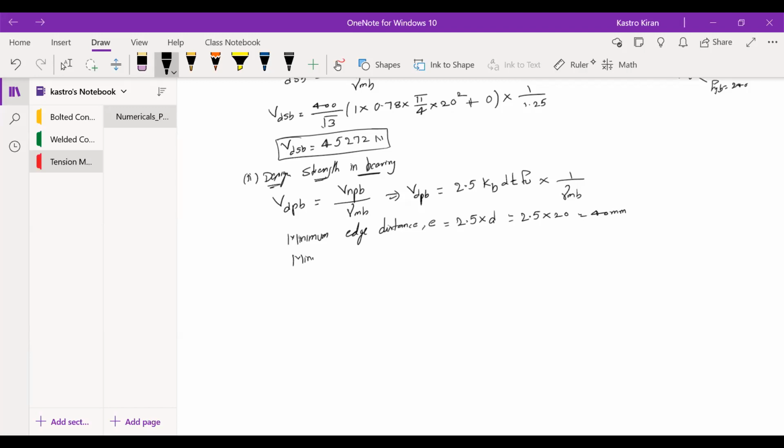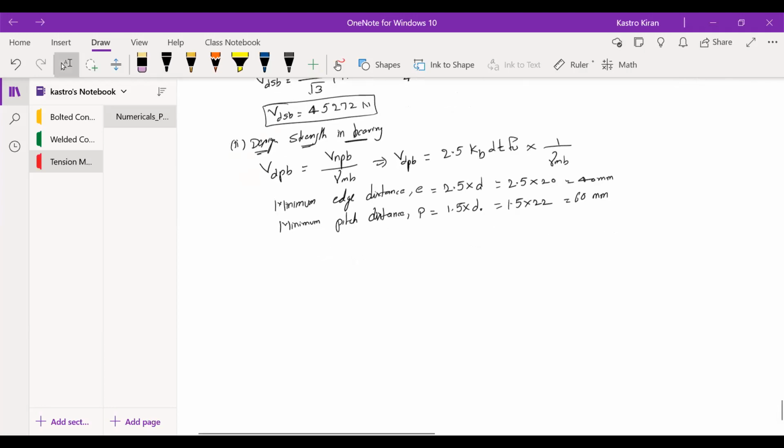And minimum pitch distance, P, equals 1.5 into D naught. That will be 1.5 times 22, which approximately you can take as 50 mm. Or you can make it 60 also. It's not 50, you will be getting somewhere around 60 mm. So the minimum edge and pitch distances have been found out.